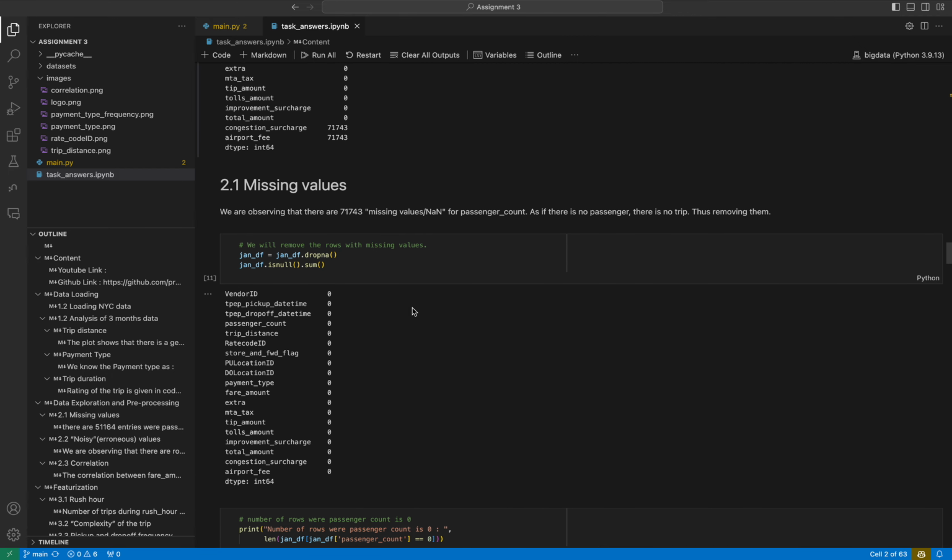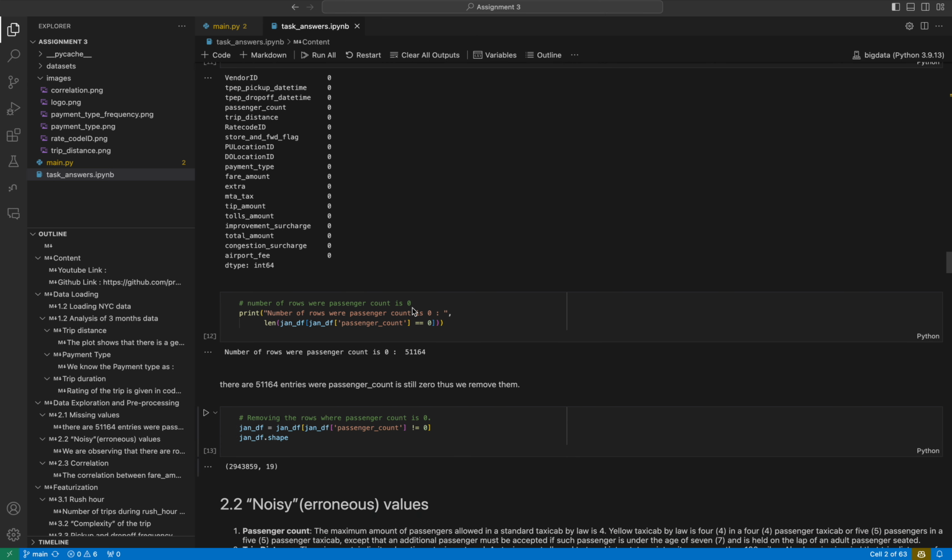But I took the liberty of deleting the missing values first of all. Then I checked the passenger count, because if there are no passengers in a cab, there is no reason for a trip to happen.